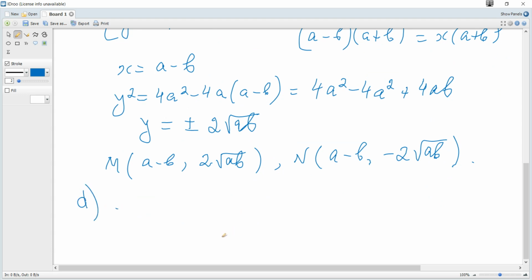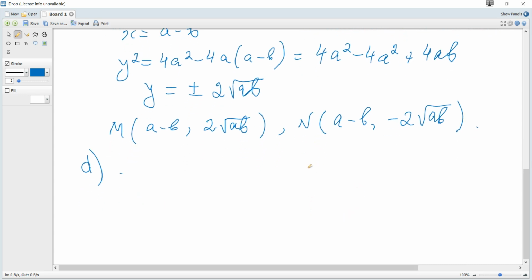D. At point M show that the curves y squared is 4a squared minus 4ax and y squared is 4b squared plus 4bx intersect at right angles. 5 marks.